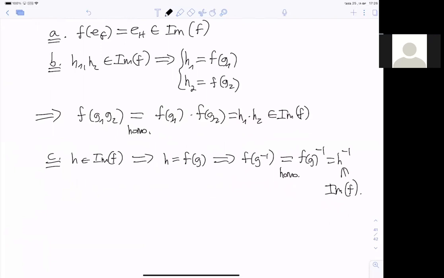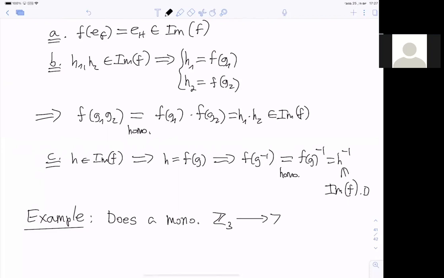Let us see an example. Question: does a homomorphism, I would say not homomorphism, monomorphism, between Z3 and Z10 exist?